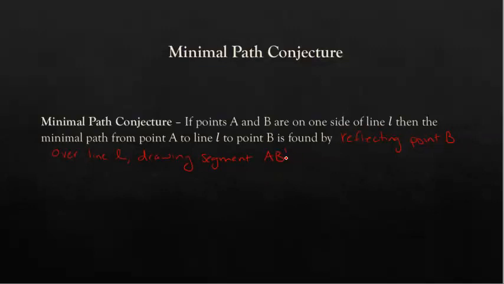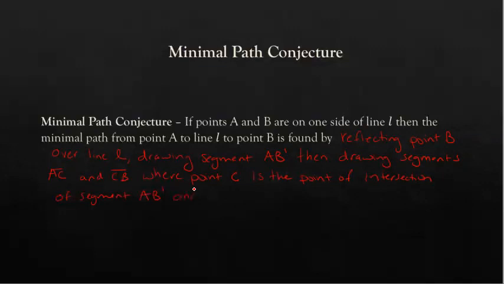So reflecting the point B was going to give us B prime. And then drawing segments AC and CB, where point C is the point of intersection of segment AB prime and line L.